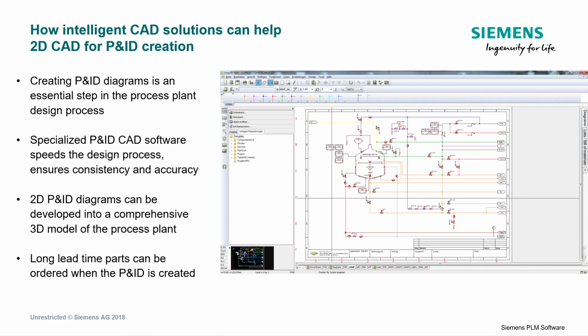Also, during the design phase in P&ID, if you can be prompted to select standard parts like pipes and fittings to reduce lead times, that'd be great. And also, if you can have a bill of materials at the end, that is a feature that you've got to have.